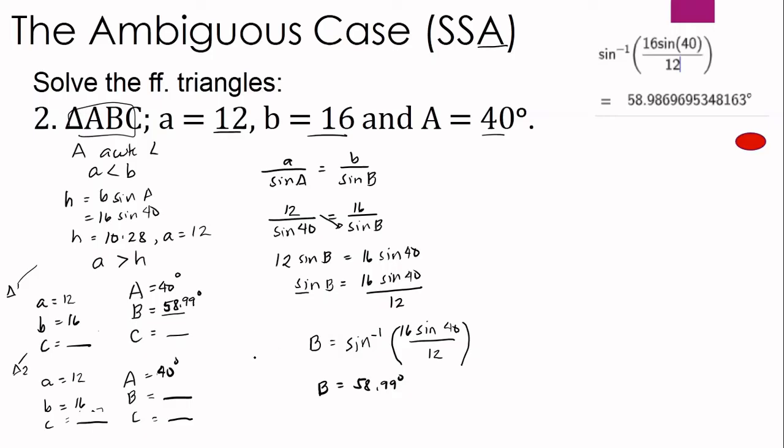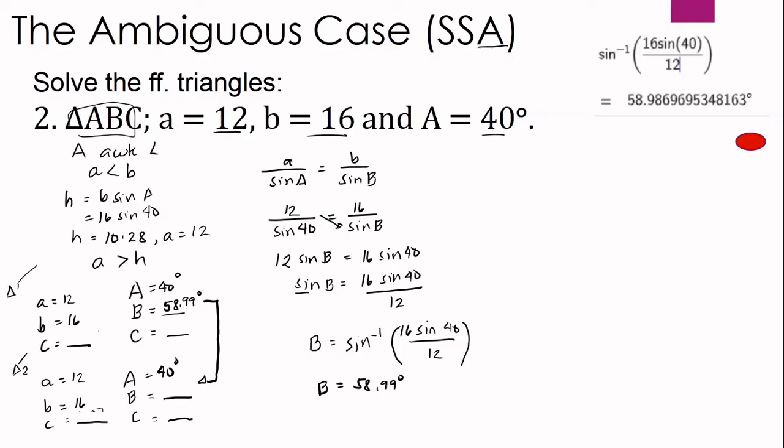Sabi natin kanina, in two oblique triangles, one of the angle B is acute, and the other one will be obtuse. Pag nakuha nyo na tong acute na angle B, pwede nyo nang kuhanin yung obtuse na angle B sa triangle number 2 because the relationship between these two angles is that they are supplementary.